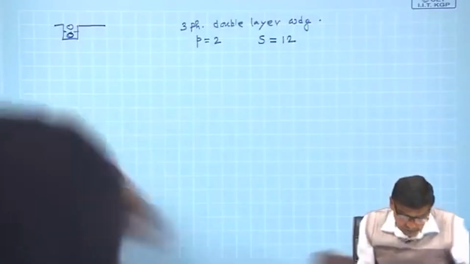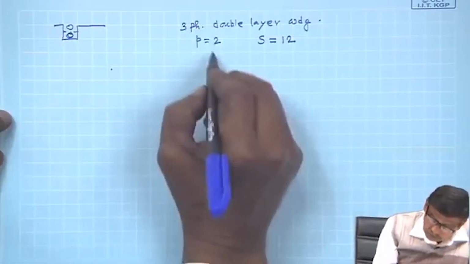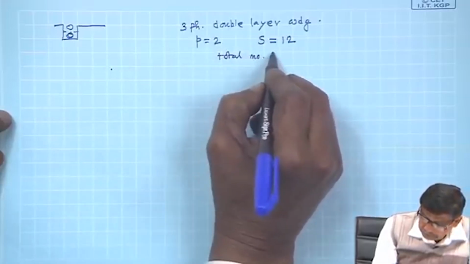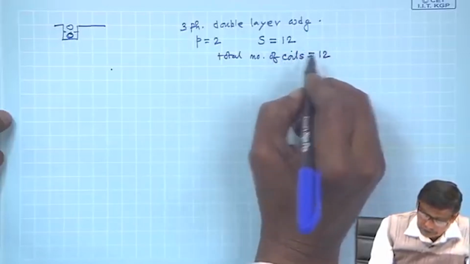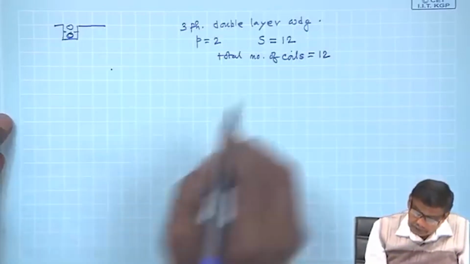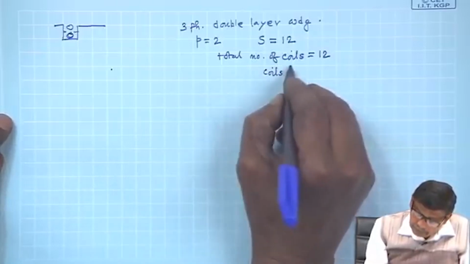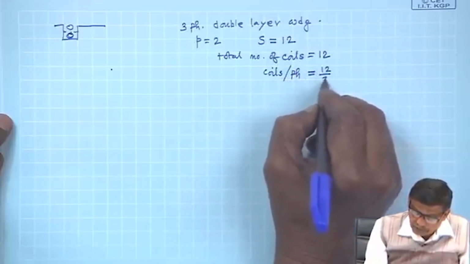Anyway, let us redo it. I will be doing like this. There are 3 phases, total number of coils must be 12, because it is double layer, and coils per phase ultimately has to be 12 by 3, 4.